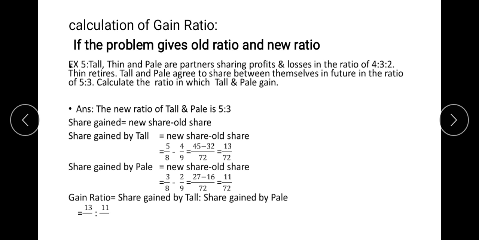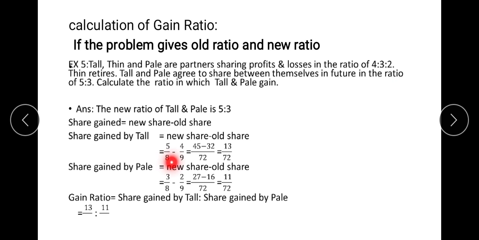Share gained is equal to new share minus old share. Share gained by Tall is equal to new share of Tall, 5/8, minus old share, 4/9. 4 plus 3 plus 2 is 9, so 4 is the numerator and 9 is the denominator.